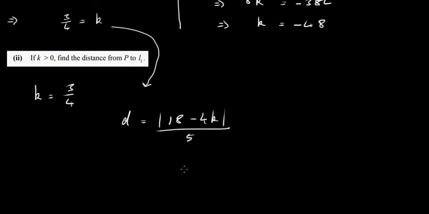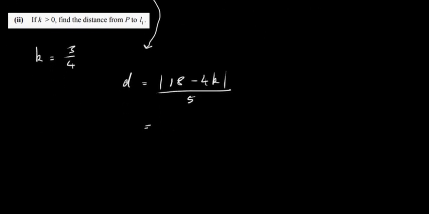We worked this out earlier on. So all we've got to do is work this out now. We know that k is 3/4. So we've got the modulus of 18 minus 4 times 3/4, all divided by 5. So let's work this out.